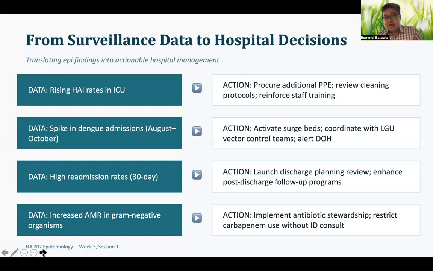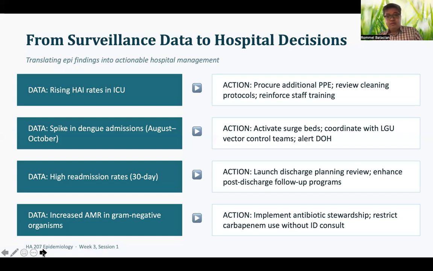So you can plan the bed capacity for dengue cases. You coordinate with the local government unit in controlling the possible vector population, meaning the cleaning of the surroundings to avoid the breeding of mosquitoes in the areas, and alert the DOH. That's very important in order to make a complete health picture and be ready for a surge of dengue cases in your community.